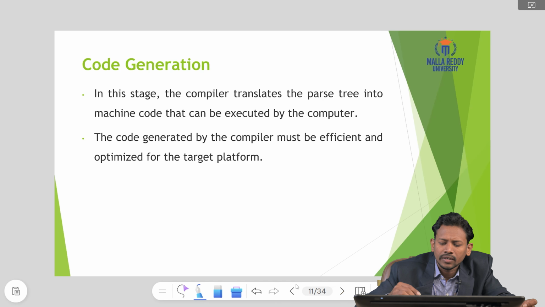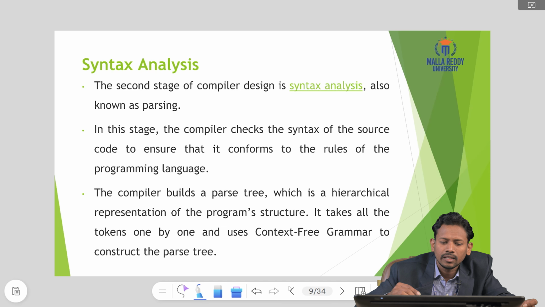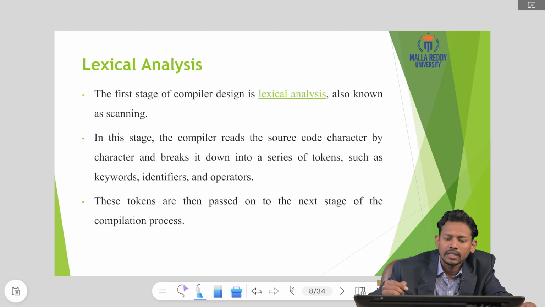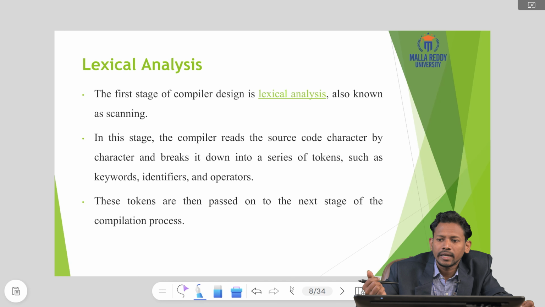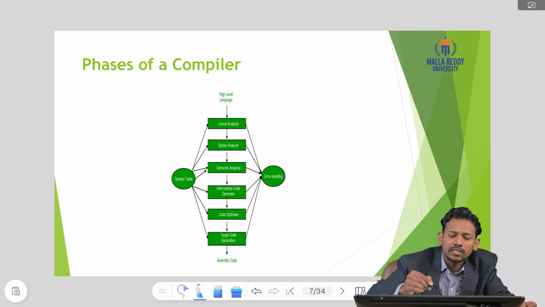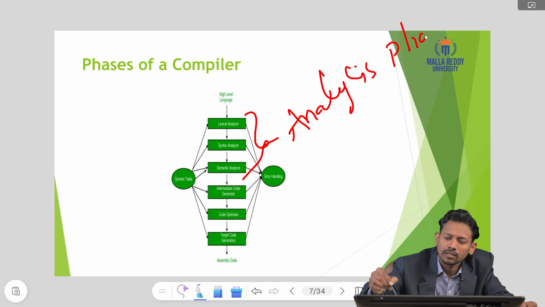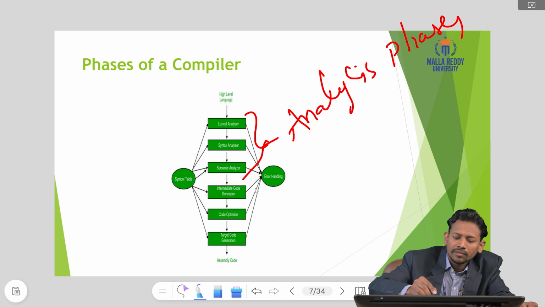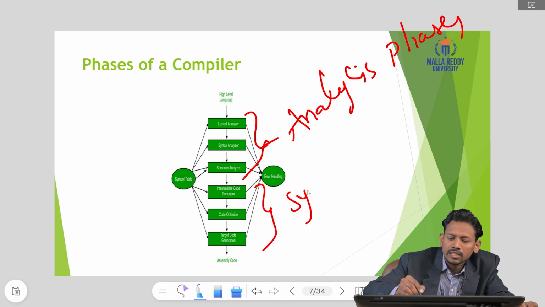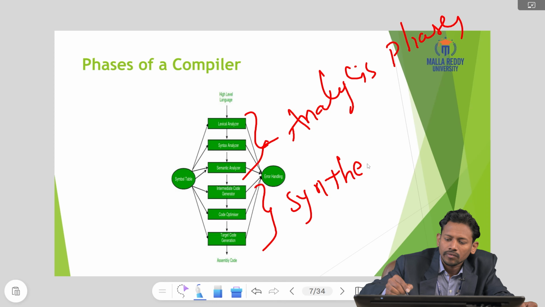The first three phases are very important: the lexical analysis phase, the syntax analysis phase and the semantic analysis phase. These first three phases are known as the analysis phases. The next three phases are known as the synthesis phases.